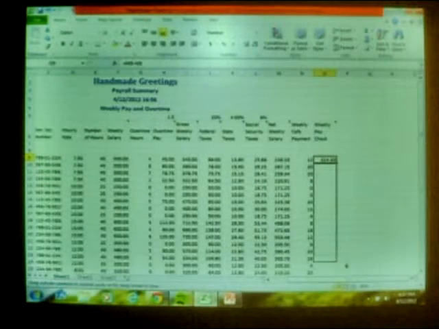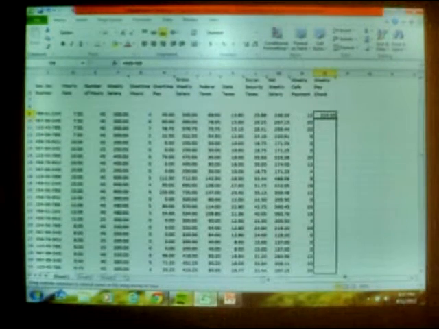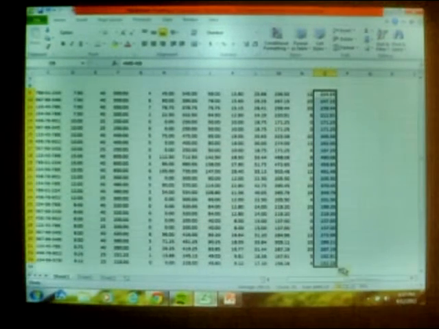And we're back at the formula bar to enter. So we're going to calculate that by copying the formula for our other employees.